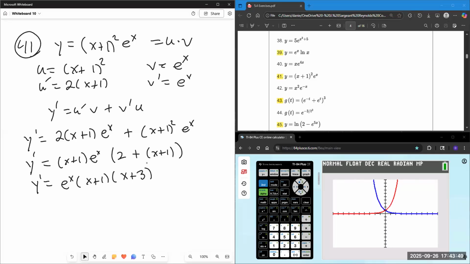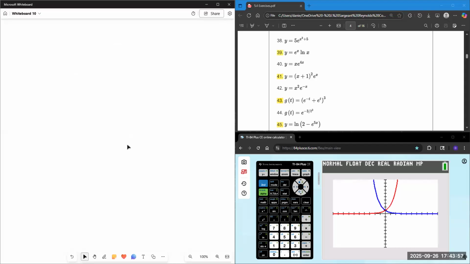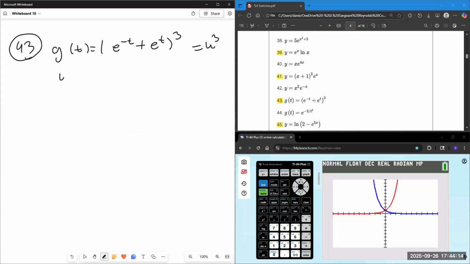Let's look now at number 43. G of t is equal to e to the negative t plus e to the t raised to the third power. So this is u to the third power, with u being equal to e to the negative t plus e to the t. U prime is going to be negative e to the negative t plus e to the t.